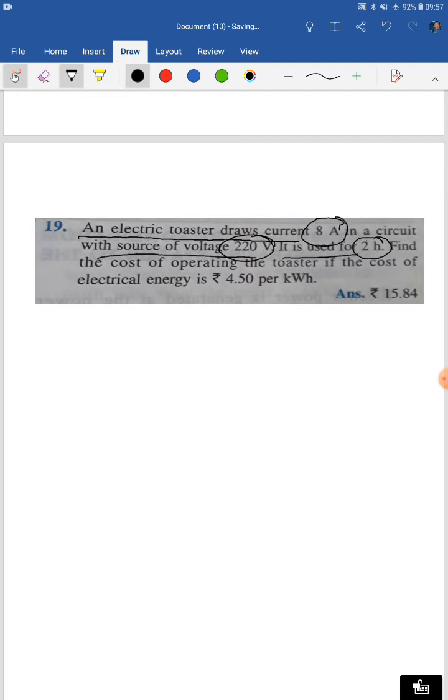Find the cost of operating the toaster if the cost of electrical energy is rupees 4.5, 50 paisa per kilowatt hour. How many rupees you have to pay when you are using this electric toaster for 2 hours.